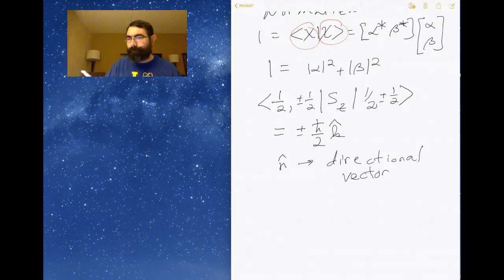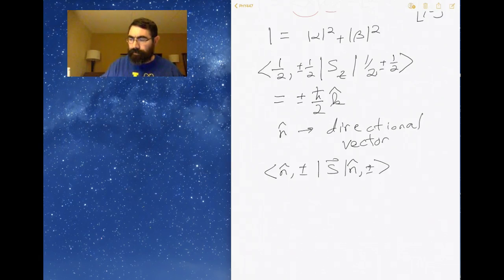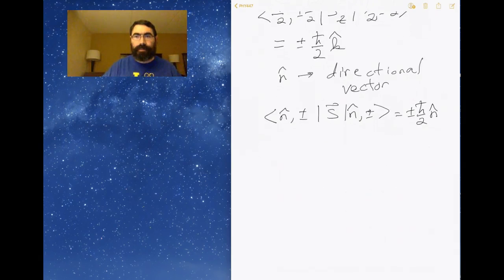So it's basically like a unit vector. So now what I have is n hat, plus or minus. I'm operating with the spin on this state. And what it gives me is plus or minus h bar over 2, in that direction, whether it be x, y, or z.